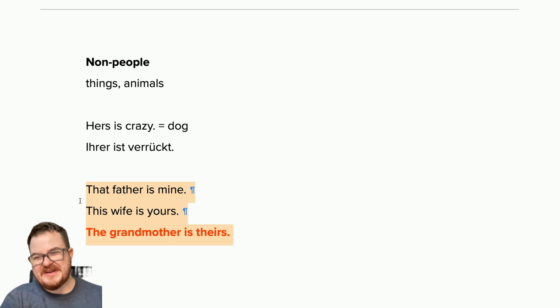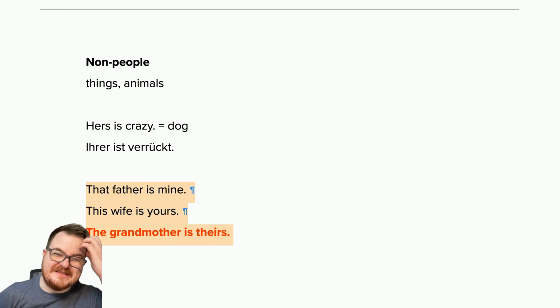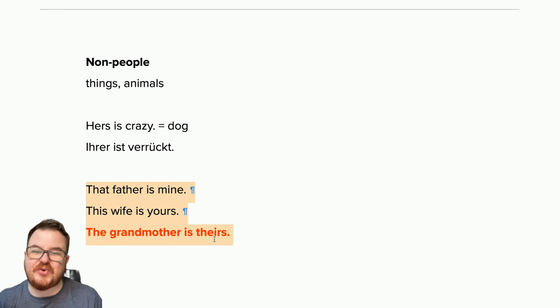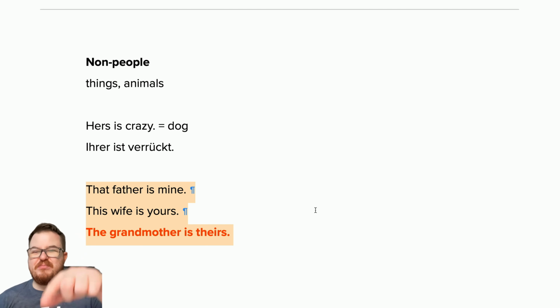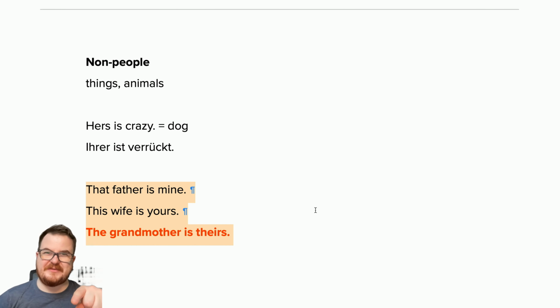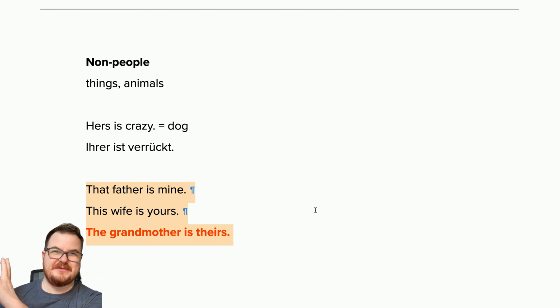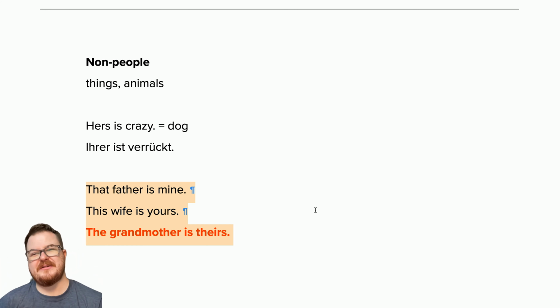It's weird, right? I don't know how to explain this exactly because grammatically, there's nothing wrong with the sentence. It's wrong, isn't it? You will never find yourself in a situation where there's a room full of grandmothers and you point one out and say, this grandmother is theirs. You would always say, this is their grandmother.